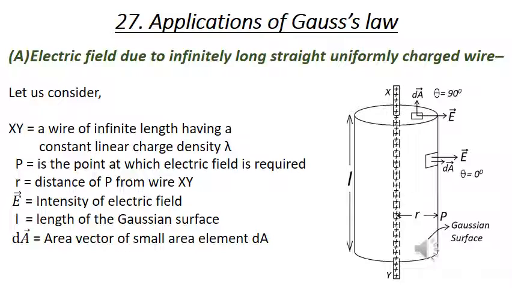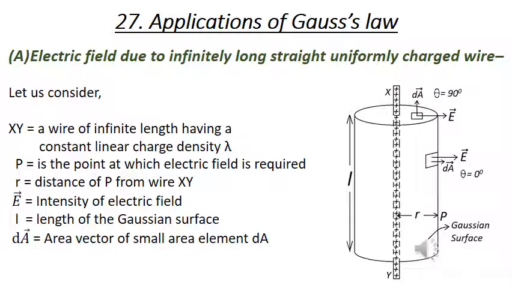E is the electric field intensity of the linear charge distribution over the length of the wire, and the direction is outwards. Here we are going to draw a Gaussian surface passing through the point P around the wire. So the shape of the Gaussian surface is cylindrical here.